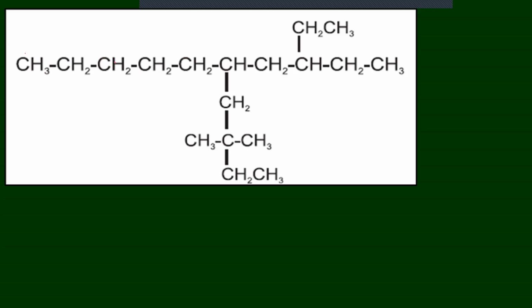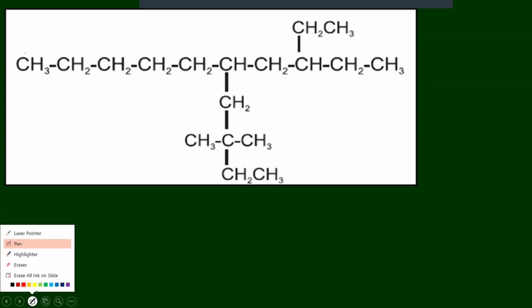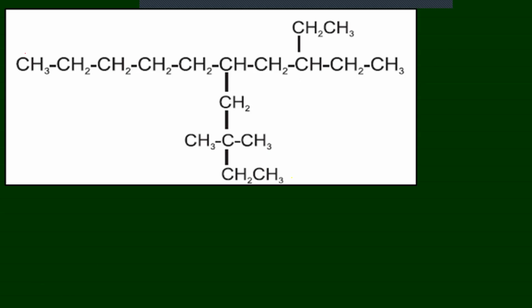See, 1, 2, 3, 4, 5, 6. Now from the 6, I can go down 7, 8. And from the 8th carbon, I can go right 9 or on the left again 9. And from the 8, I can go down and continue 9 and 10. So I'm getting the possibilities of 9 carbon, 10 carbon. Of course, the longest would be of 10 carbon. But here I'm getting two possible longest chains of the same carbon atoms.